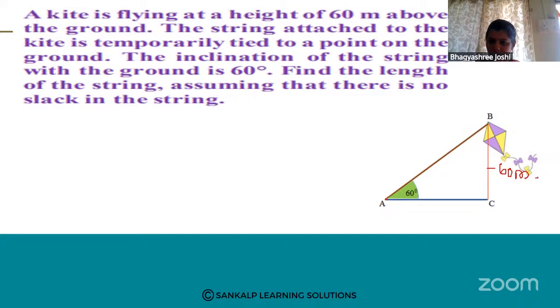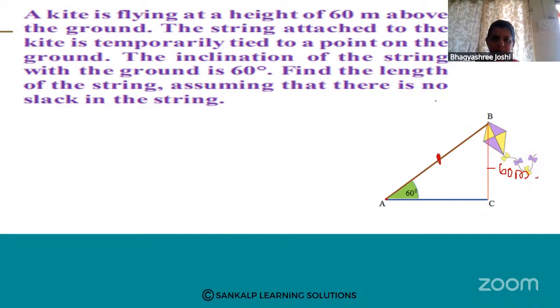The inclination of the string, that means angle of elevation on the ground, is 60 degree. Find the length of the string. That means this string. So we need to find out the length of this string.